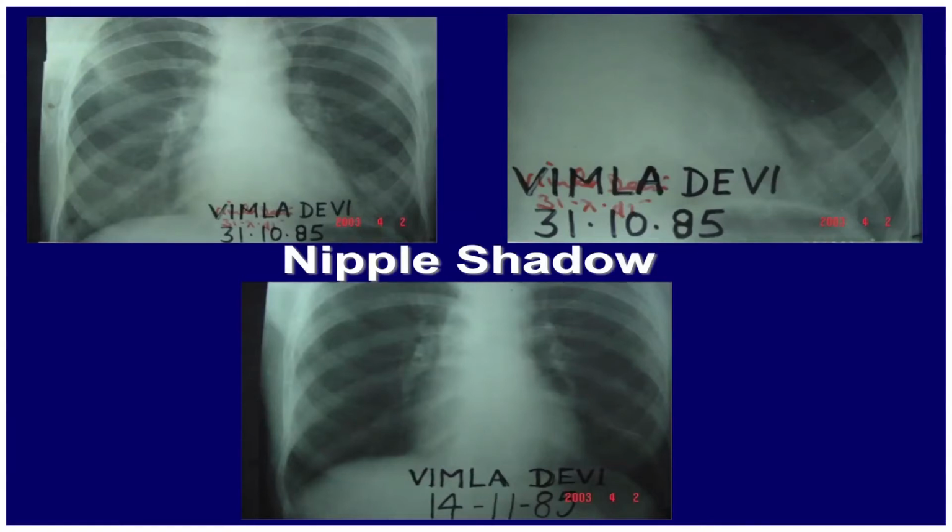So, we got the X-ray repeated after strapping the breast with some cotton, and that shadow disappeared. This was a nipple shadow casting as a solitary pulmonary nodule. A chest physician has to be very careful while seeing such shadows, and one has to use common sense to find out what the shadow is because of.